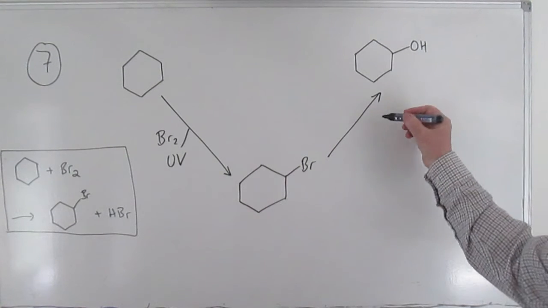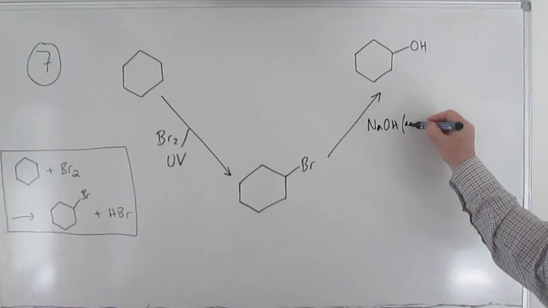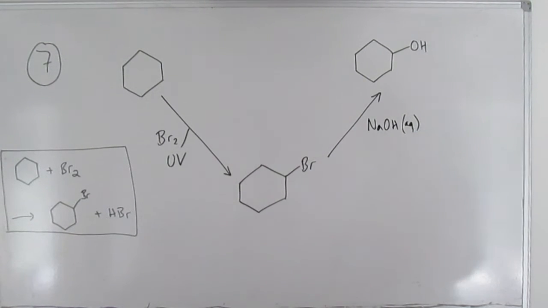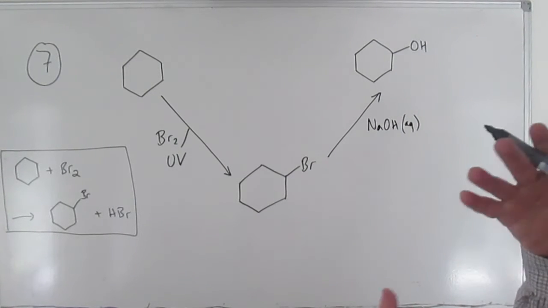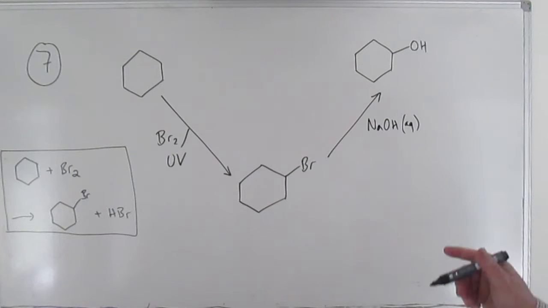And the condition for that, remember, is that you use aqueous sodium hydroxide. It's very important to specify the aqueous there. It doesn't work if you just add solid sodium hydroxide. That's why it's called hydrolysis. Hydro meaning water, so it depends on the water there.